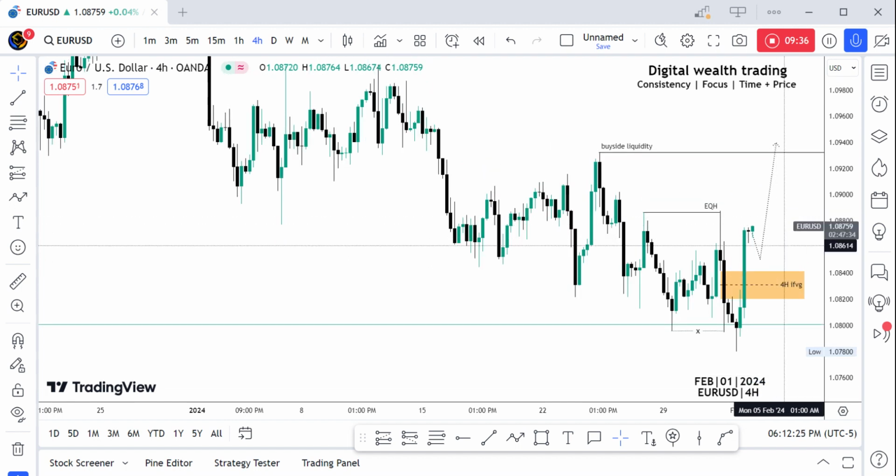For the fact that we really do not have the 4 hourly PDRA except for this fair value gap here, which is so big, I'm anticipating that during the London session we might price below and tap on this void and leave some gap unfilled, which might create a breakaway gap tomorrow or next week.